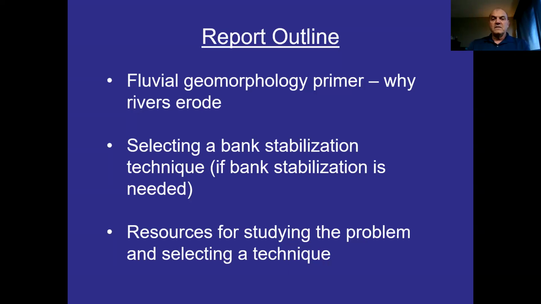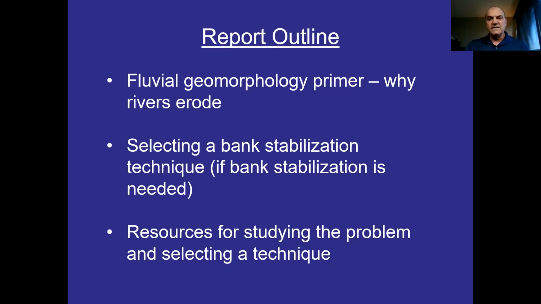And then the third part covers resources for studying the problem and selecting a technique, to help you understand the erosion problem you're dealing with. There's a number of resources you can look at that we'll talk about briefly as I go through it.